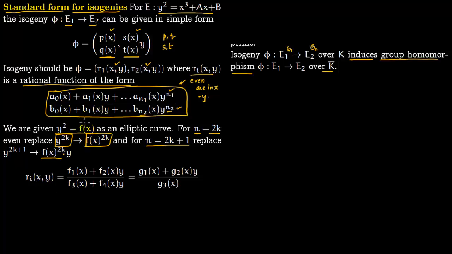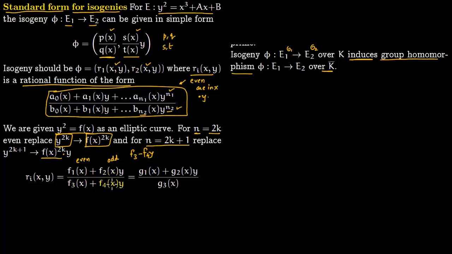This entire fraction, for both r1 and r2, will reduce to something like this: f1(x) plus f2(x) y over f3(x) plus f4(x) y. All the even terms come in f1 and f3, and all the odd terms come with y. Now you multiply the numerator and denominator by f3 minus f4 y, which is just the conjugate of the denominator. So put a minus sign here.